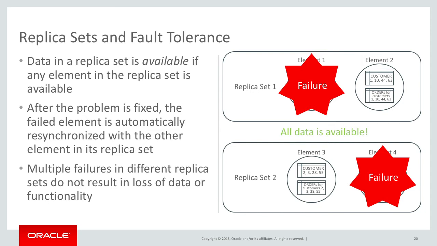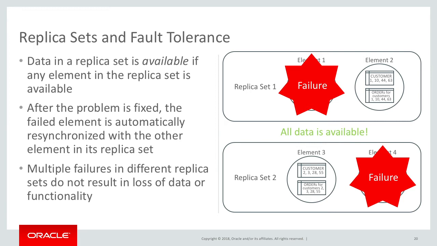The data from replica set 2 is available because element 3 is up. So everything keeps running with very little disruption. If element 1 comes back up, when the host on which element 1 resides is rebooted and that instance comes up, we will automatically resynchronize the data in element 1 from the data in element 2, so they will be kept in lockstep at all times.